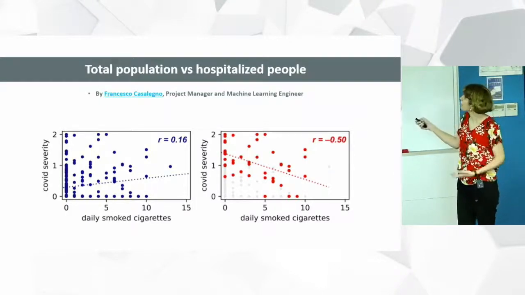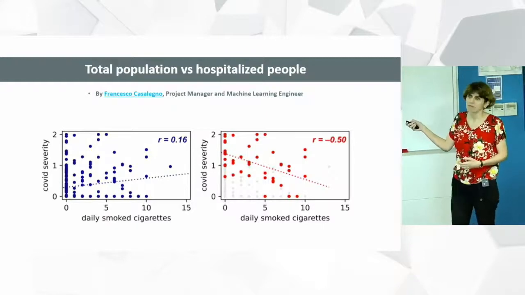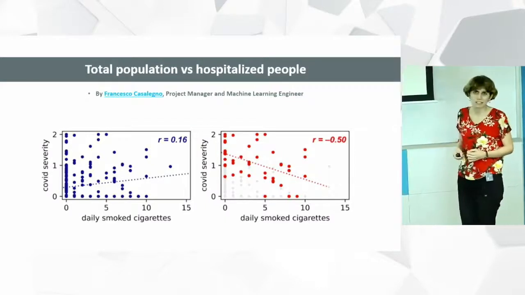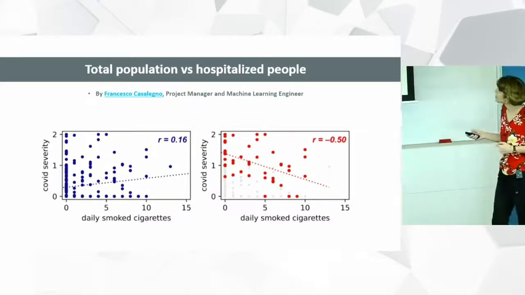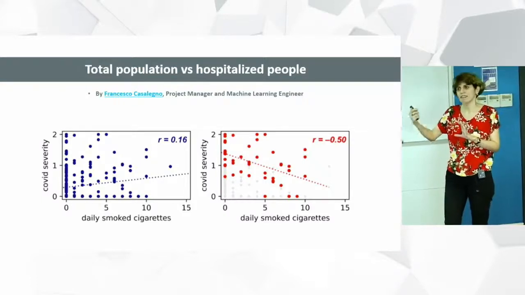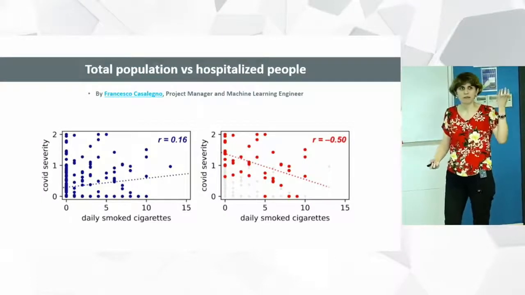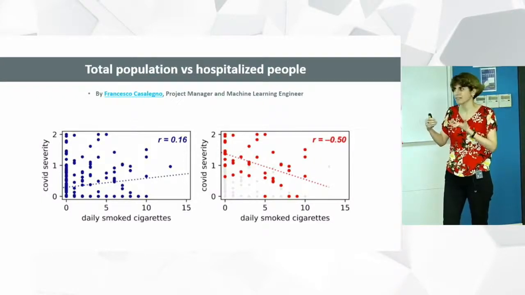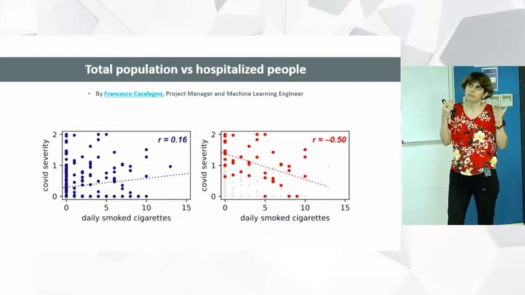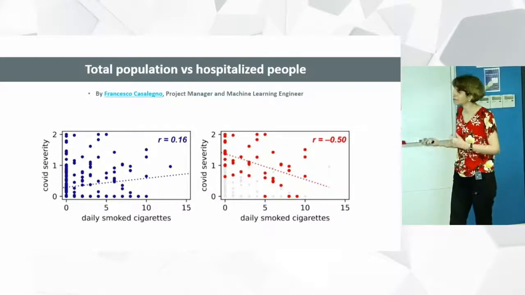That's why there is a negative relationship between COVID-19 severity and daily smoked cigarettes. So assumptions are important, and the way that we interpret data is very important. That's why we are talking about the power of data, because this can lead to different conclusions that perhaps are not right for society.